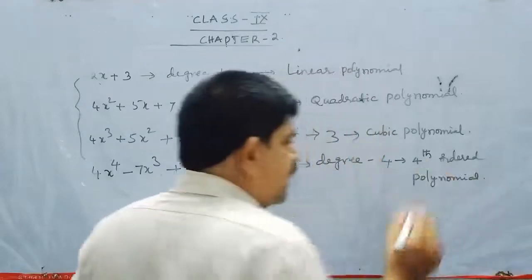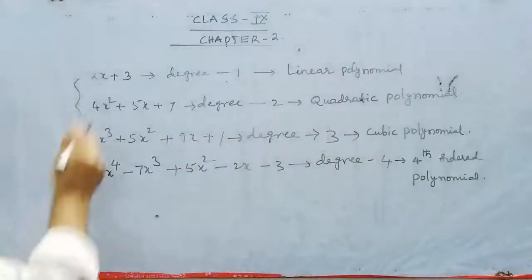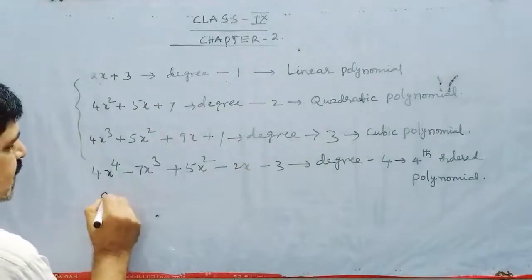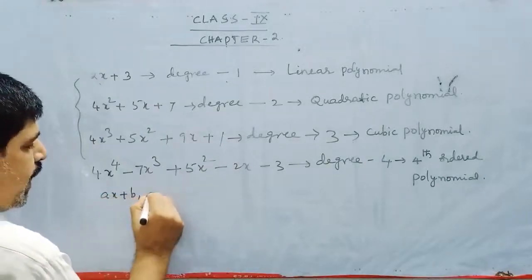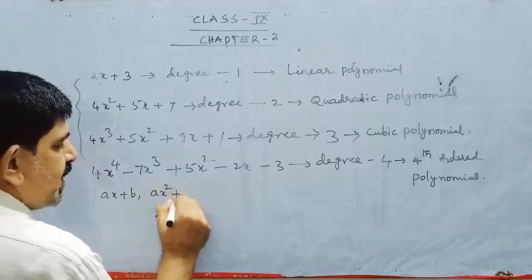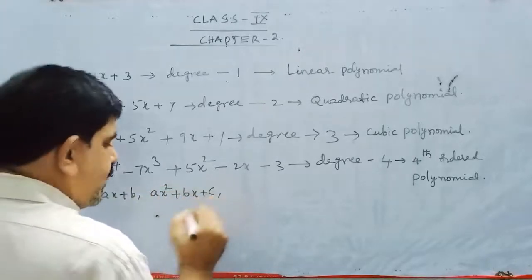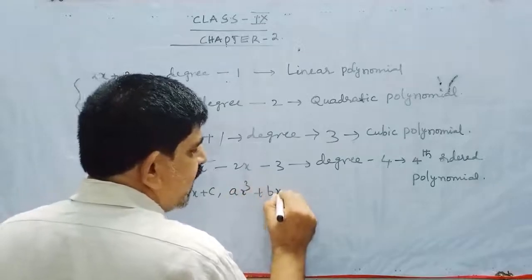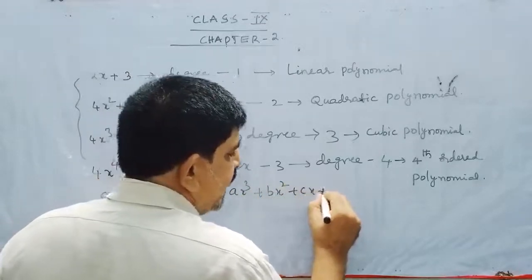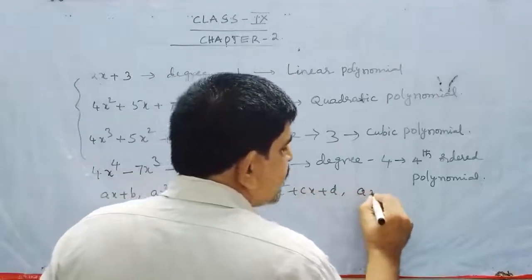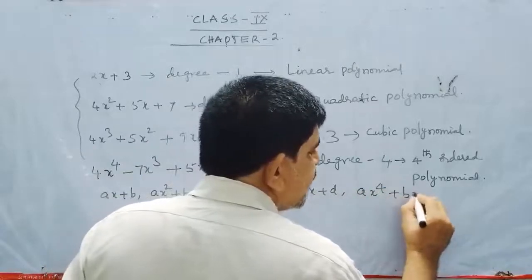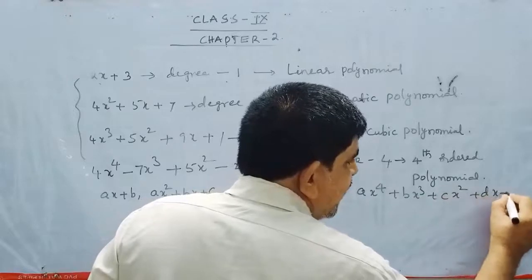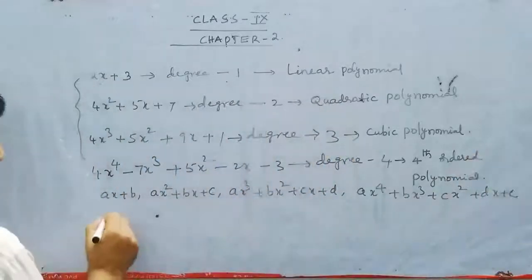Suppose we take the general forms of these polynomials: ax plus b, ax square plus bx plus c, ax cube plus bx square plus cx plus d, ax to the power of 4 plus bx cube plus cx square plus dx plus e, and so on.